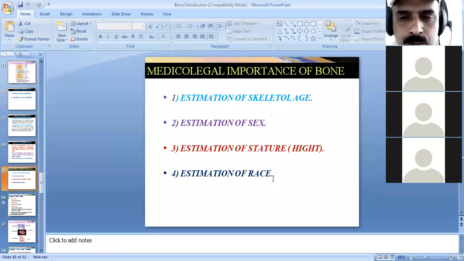Whether it belongs to middle age or old age can be identified by the ossified centers and by looking at the bone.